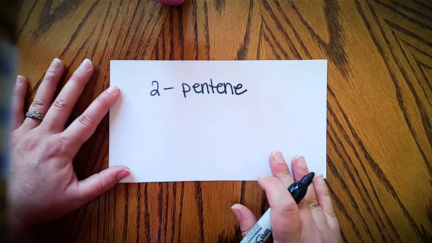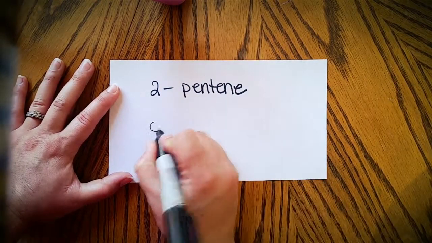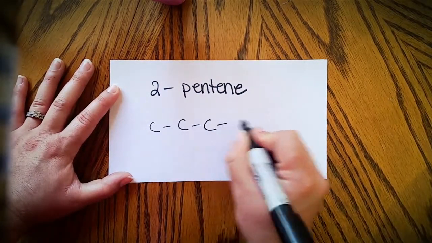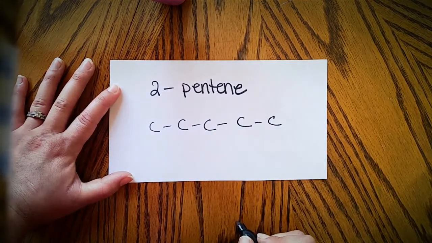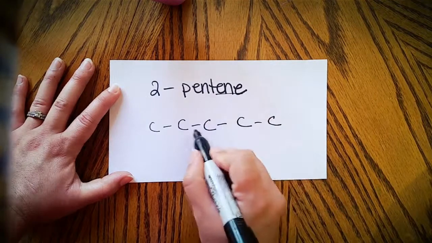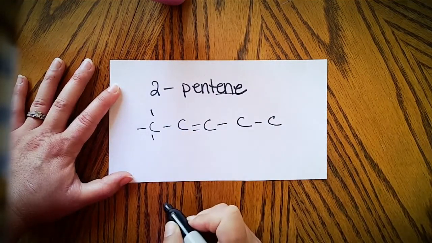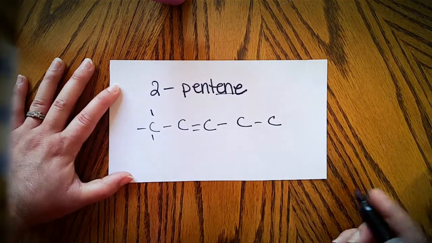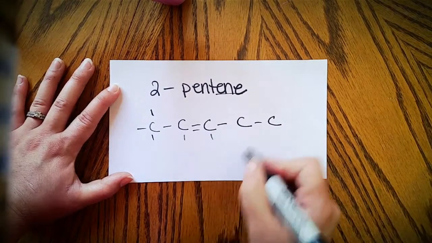Now, how do you think you would draw 2 pentene? Pent means how many? There you go, 5. 1, 2, 3, 4, 5. That 2 means I'm going to put my double bond off of the second carbon. And now I just go back and add my hydrogens. When you're trying to figure out how many hydrogens to add, remember that each carbon can have a total of 4 bonds.